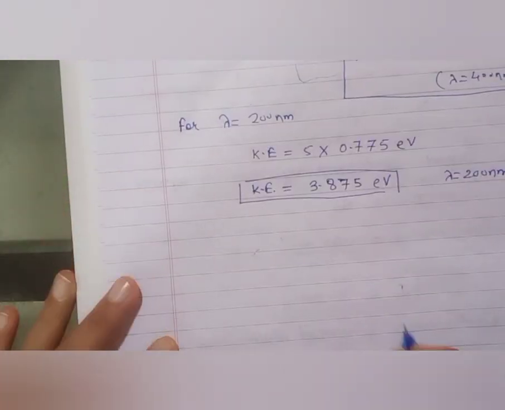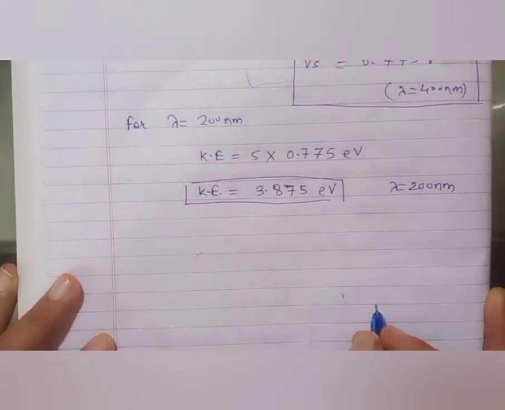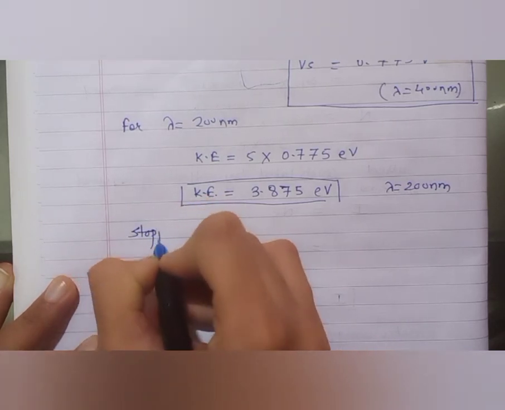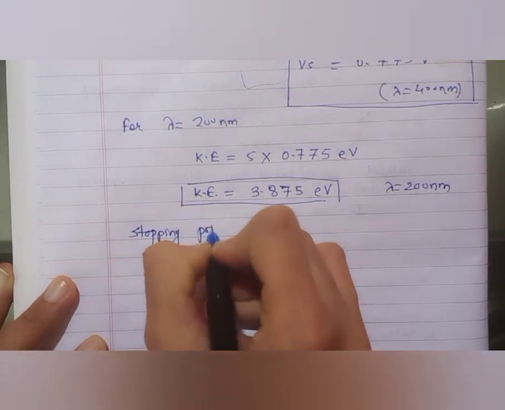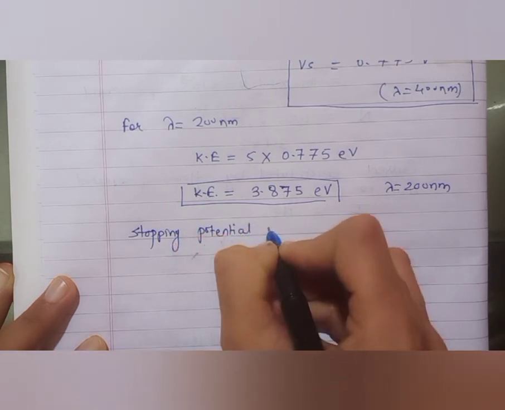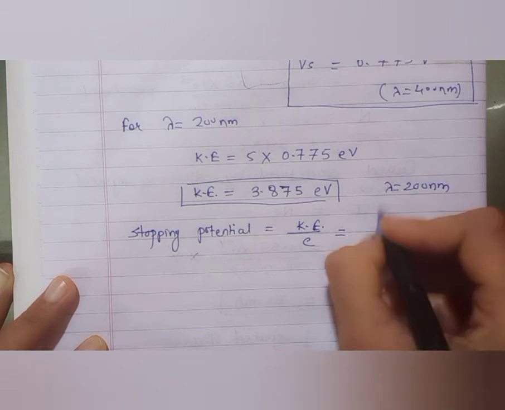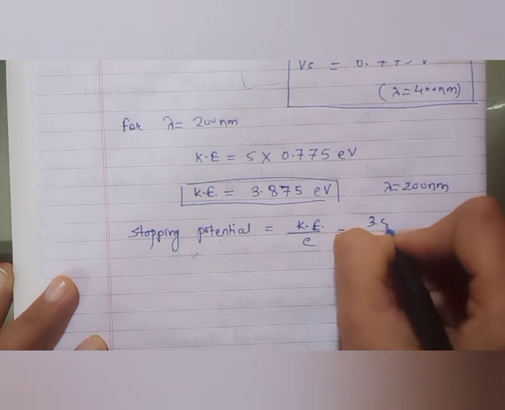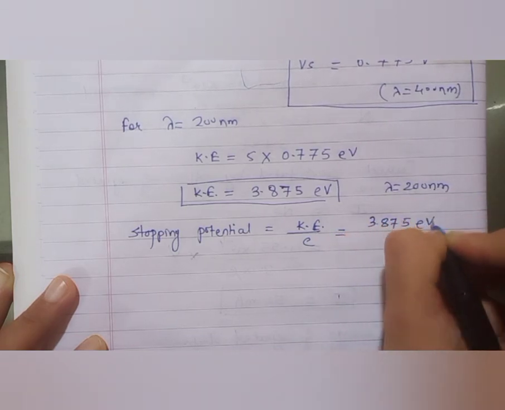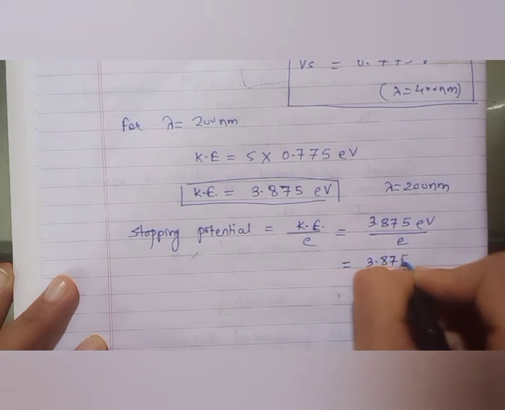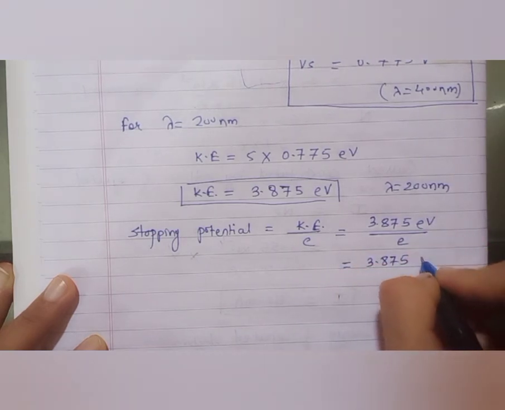Now what next? We have to find out the stopping potential. So stopping potential equals kinetic energy upon E. Kinetic energy is 3.875 electron volt upon E, so this comes out to be 3.875 volts.